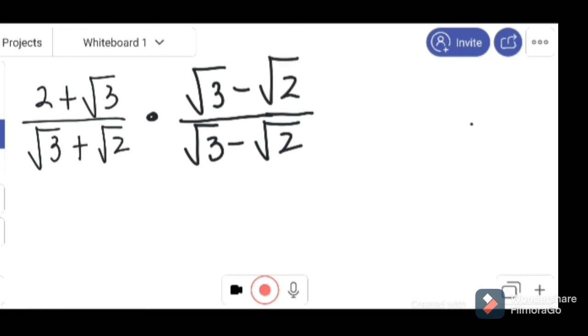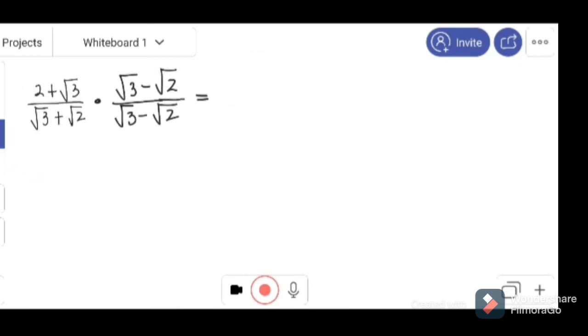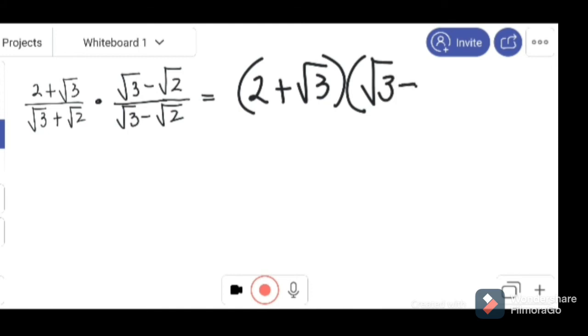Then we multiply. We have in the numerator 2 plus square root of 3 times square root of 3 minus the square root of 2.